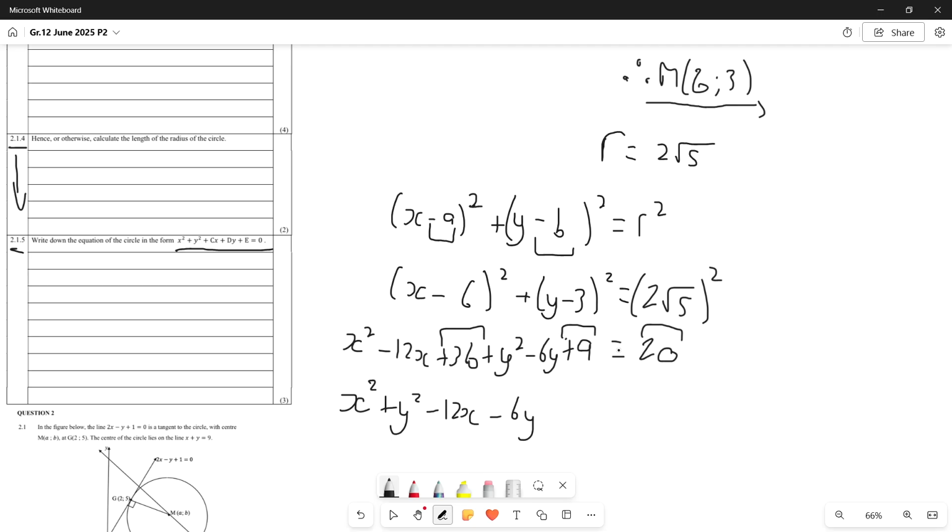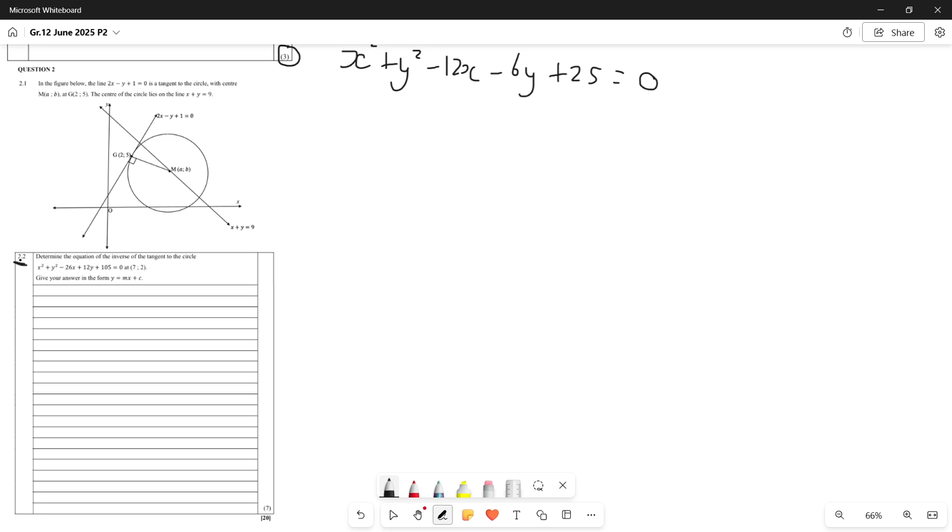When we take it over, it'll be negative 20. So we can just simplify them. 36 plus 9 is 45, minus 20 is plus 25. And that all equals 0, which means we have it in the form x squared plus y squared plus cx plus dy plus e, the value without any x's and y's on it. Cool, guys. And that is our answer there.